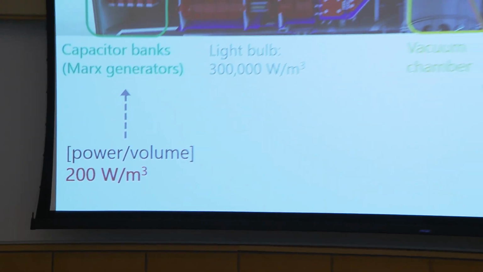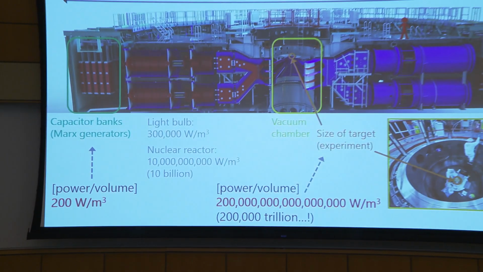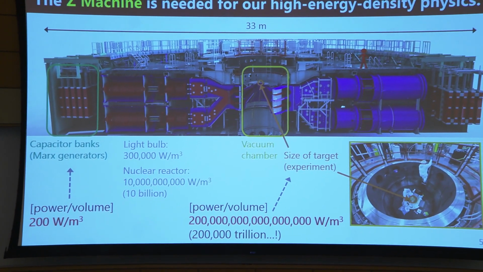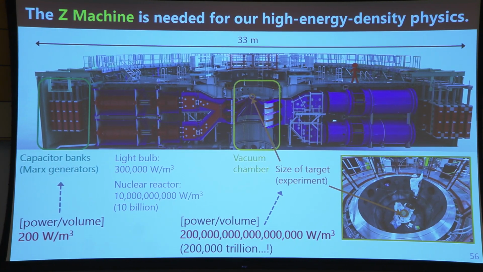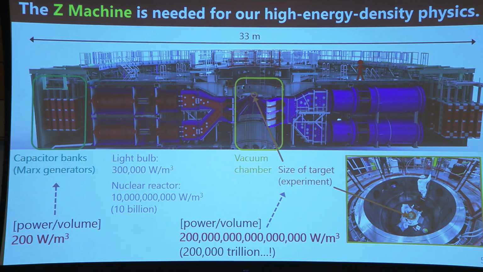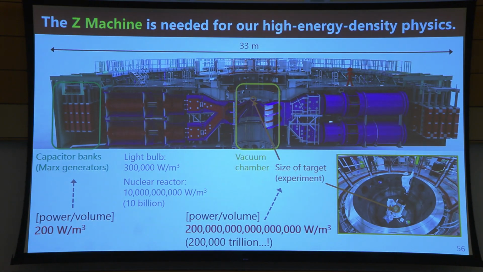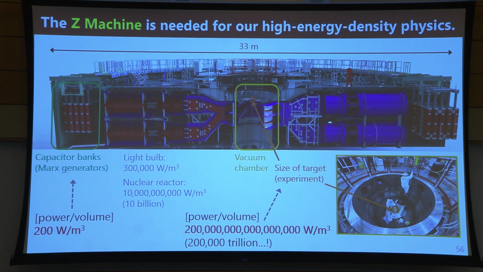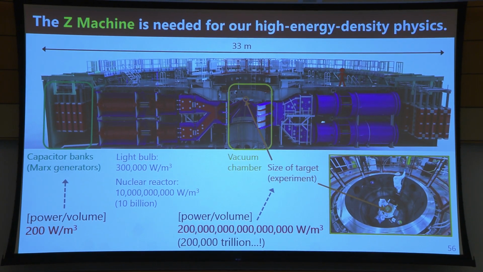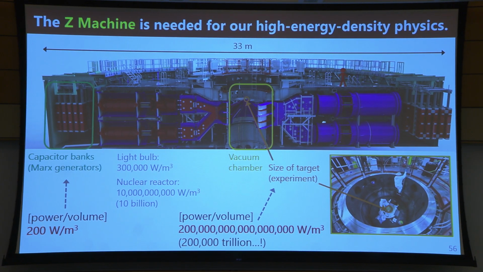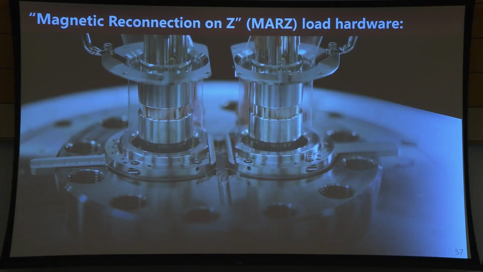For reference, a 60-watt light bulb is about 300,000 watts per cubic meter, so 200 is pretty benign. Like, not much interesting is happening there. But, interestingly, at our target, at the experiment, we achieve about 200,000 trillion watts per cubic meter in terms of energy density. This is why we need the Z machine. This is the only machine where we could actually reach this insane level of energy density. For reference, a nuclear fission reactor is about 10 billion watts per cubic meter.